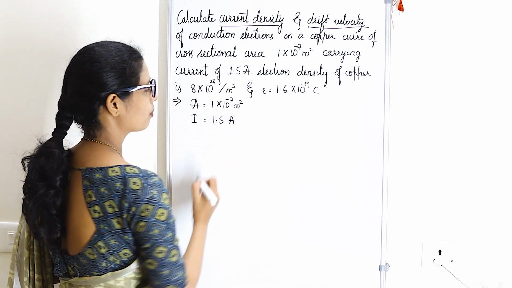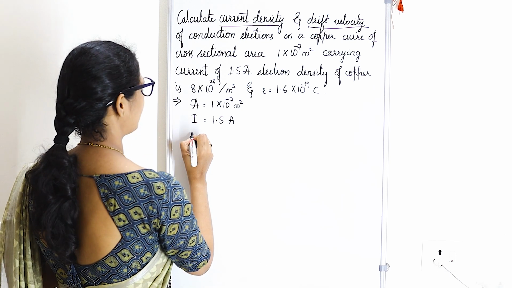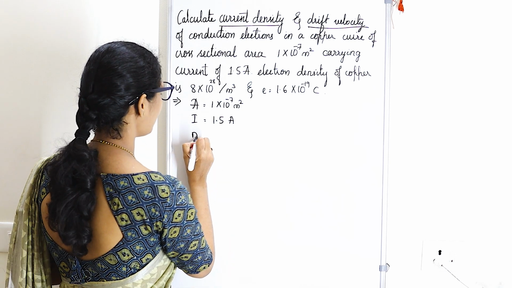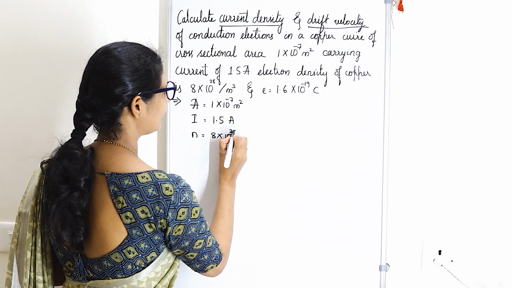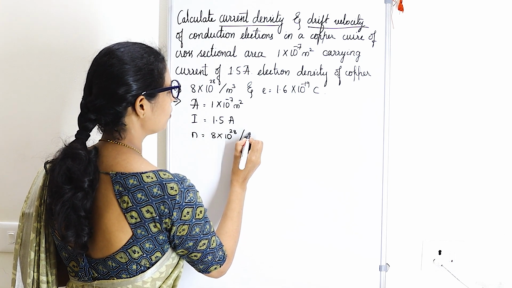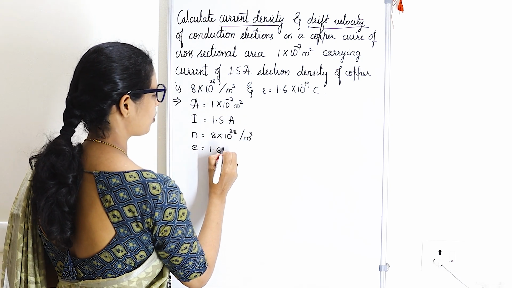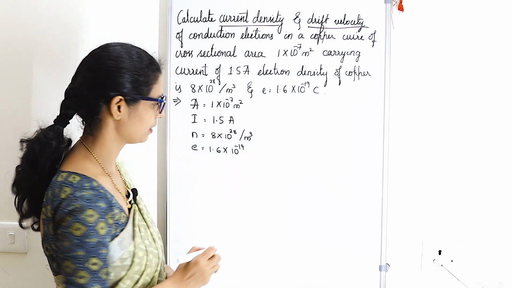So current is 1.5 ampere. Electron density of copper is, so electron density is nothing but number density here. So n equals to 8 into 10 to the power of 28 per meter cube, and then they have given the charge of an electron 1.6 into 10 to the power of minus 19 coulomb.